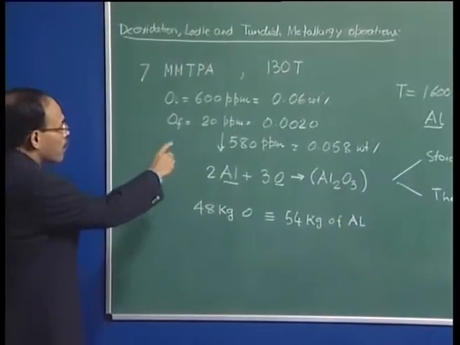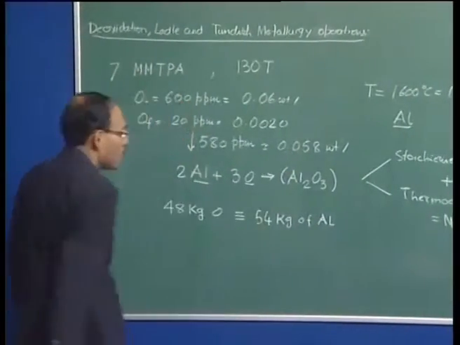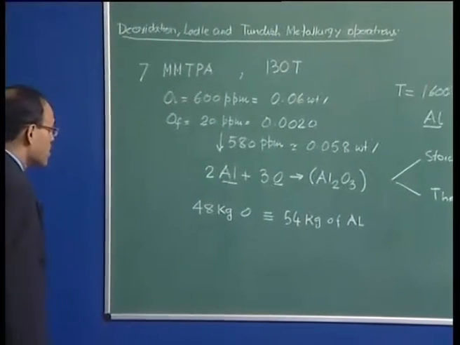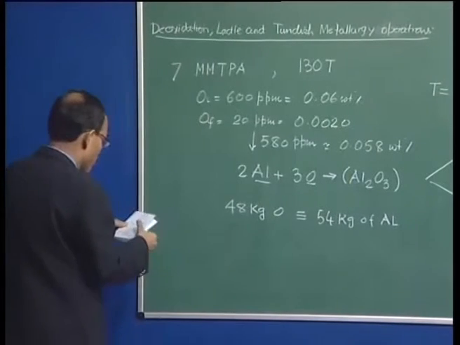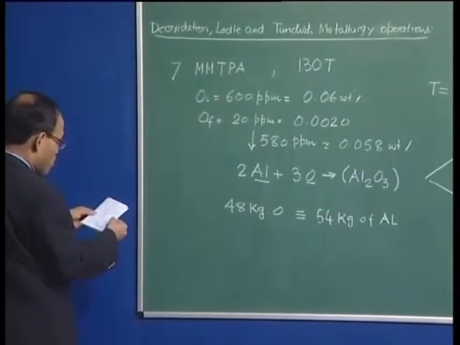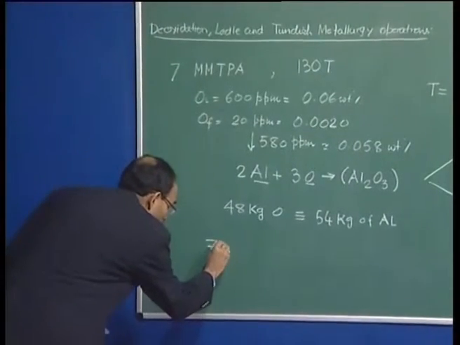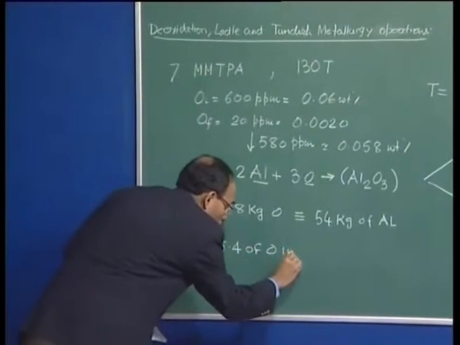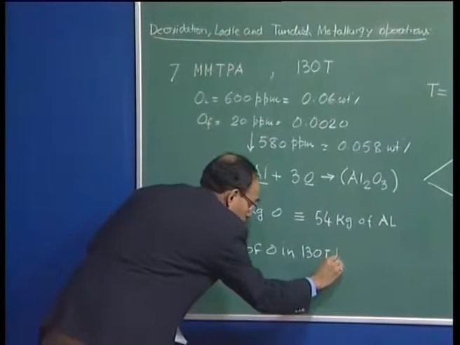This figure of 580 ppm, or 0.058 weight percent, corresponds to about 75.4 kg of oxygen in a 130 ton heat.